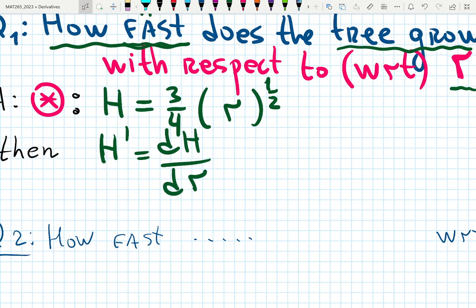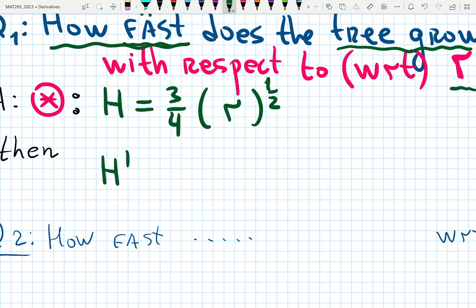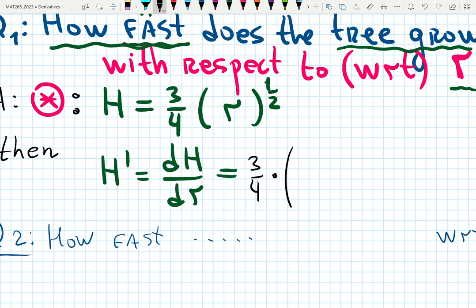This is the chapter when it actually matters to know the difference. Let me move it lower. H prime is how fast the height is changing, with respect to what? With respect to radius. What's the answer? 3/4 times 1/2. 1/2 goes down.